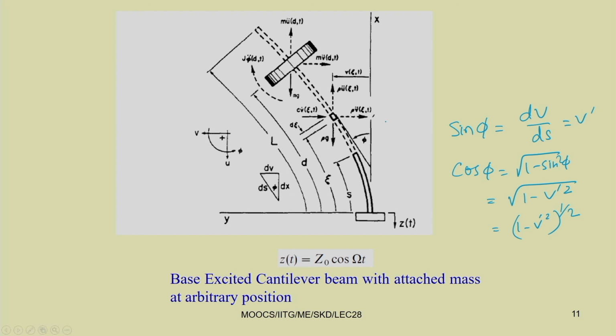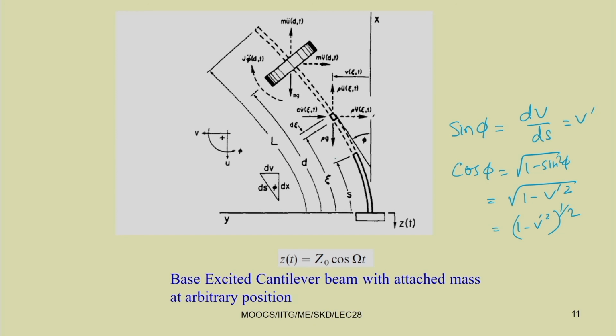In transverse direction it is rho v double dot, and damping also we can take. As the beam is moving towards left, a damping force will act towards right, that is C v dot. Similarly, for the attached mass we can take different forces and moments acting. So, the forces will be m v double dot, m u double dot, m g and J phi double dot.